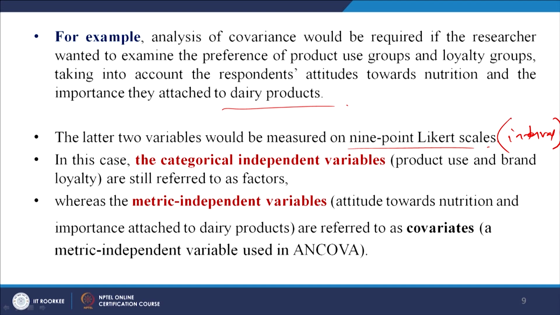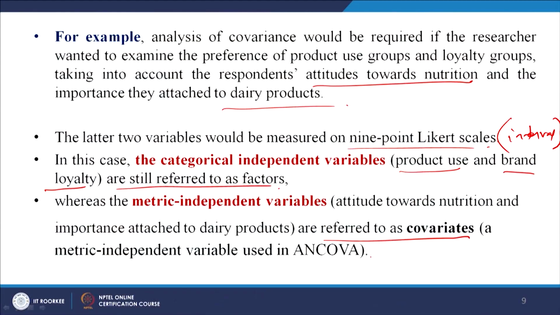In this case, what are the categorical independent variables? Product use and brand loyalty are still referred to as the factors, whereas the metric independent variables, the attitude towards nutrition and the importance attached to dairy products, how much value they give to nutrition and how much they love dairy products, are referred to as covariates.